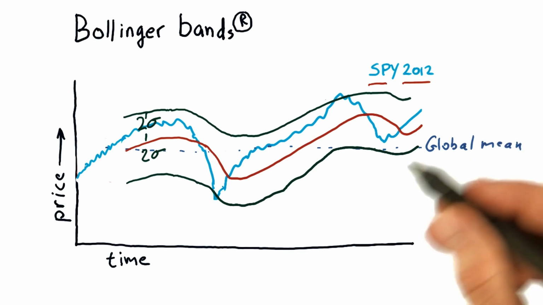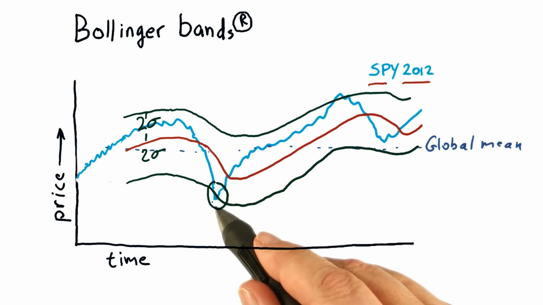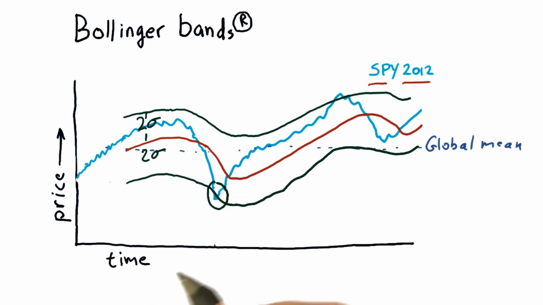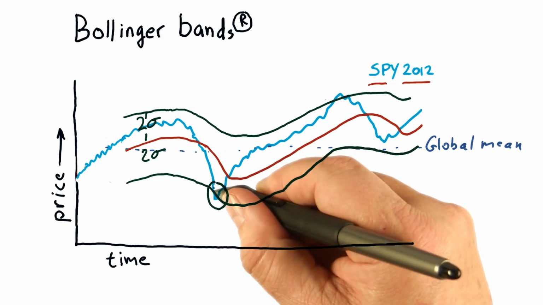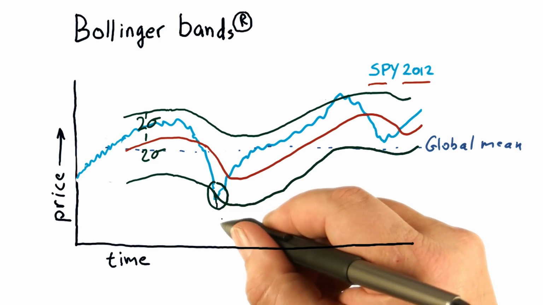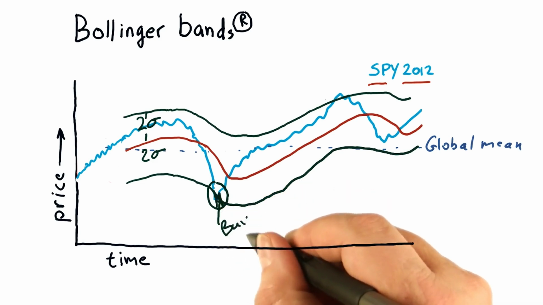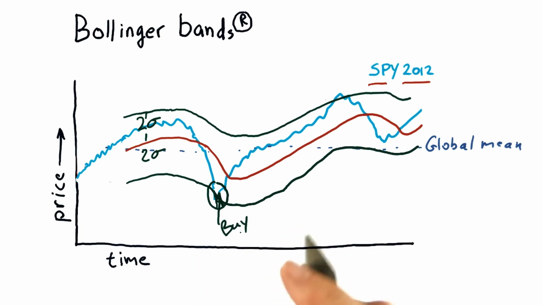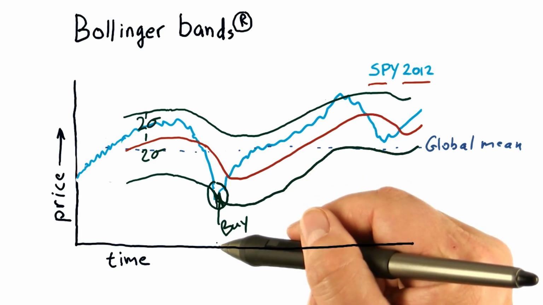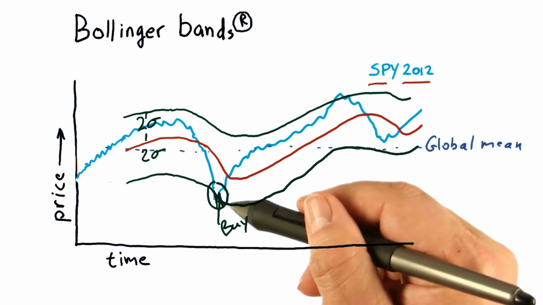But the theory, anyways, is that when you see excursions up to 2 sigma, or 2 standard deviations, away from the mean, you should pay attention. In particular, if we drop below that and then up back through it, that is potentially a buy signal, because the hypothesis is that we've gone quite far from the simple moving average and we're now moving back towards it.